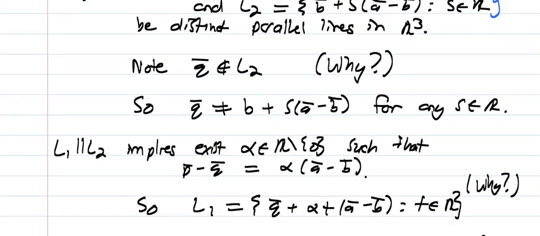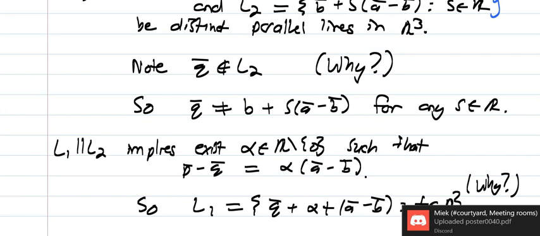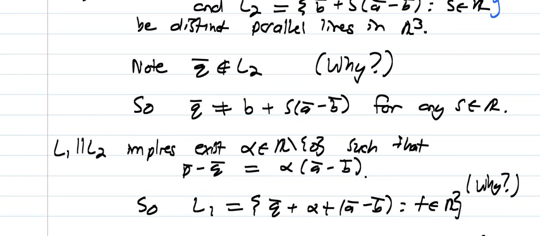Now, we can manipulate this, and we can then say that line 1 is a set of points of the form q plus t times a minus b, where t is a real number. So why it's true, I'm going to leave it for you to verify.